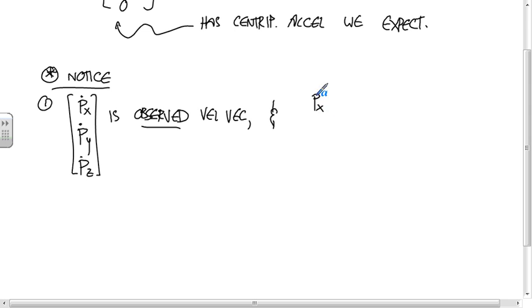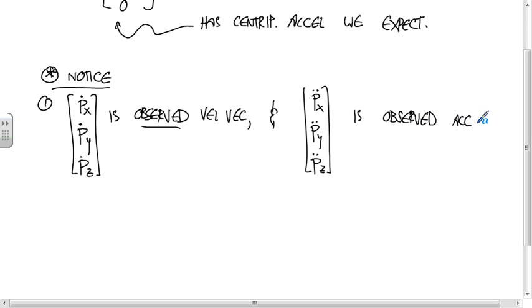And the second derivatives is the observed or the apparent acceleration vector.